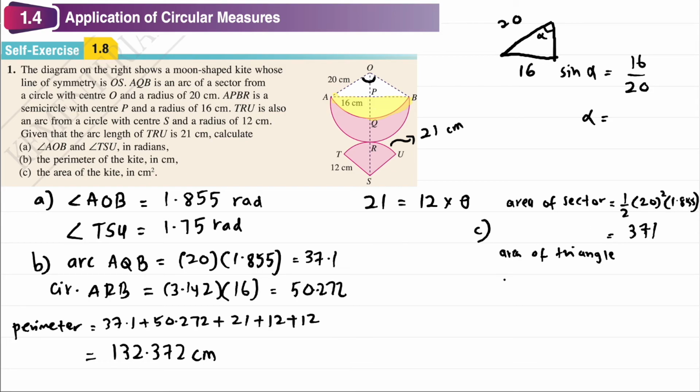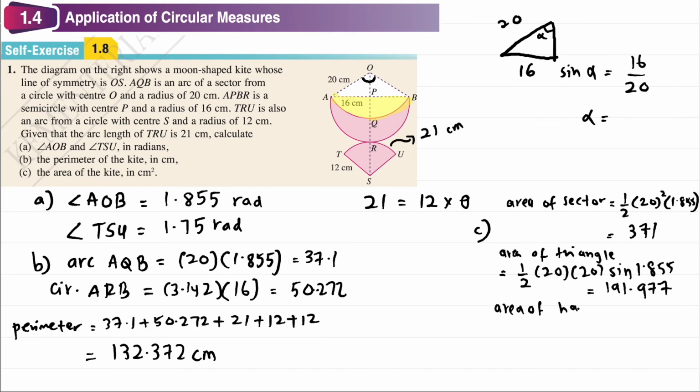Area of triangle is 1/2 AB sin C. AB is 20, 20 sin 1.855. You will get 191.977.